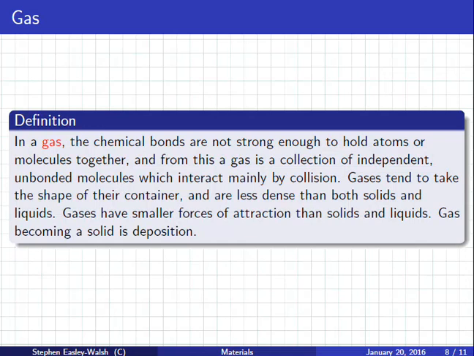Only solids can be pushed by a force without changing shape. If you push a liquid or a gas, you change its shape, but if you push a solid, you don't, which means they can be resistant to deformation. That means changing of their shape. Solids also... This is a solid.